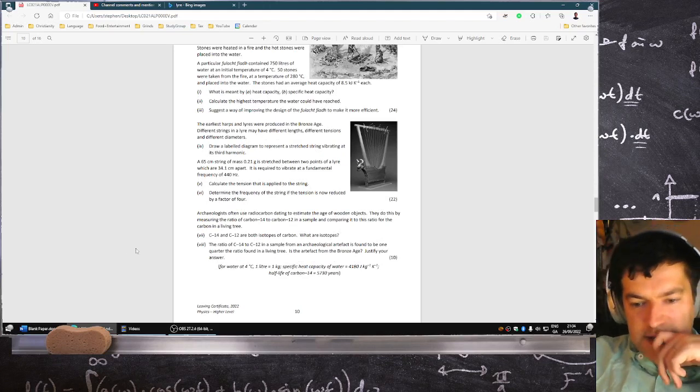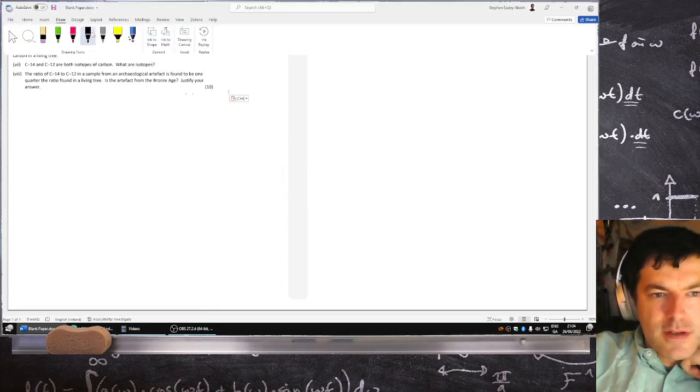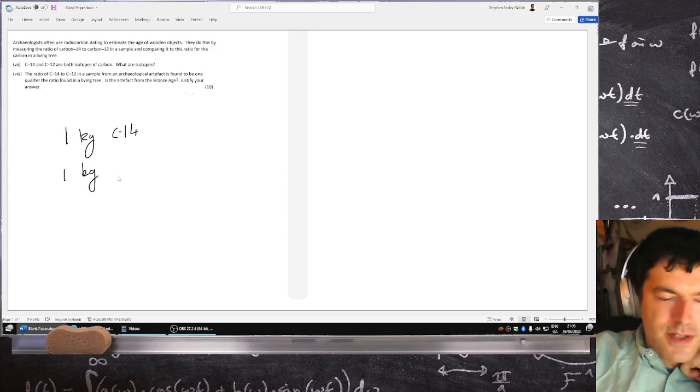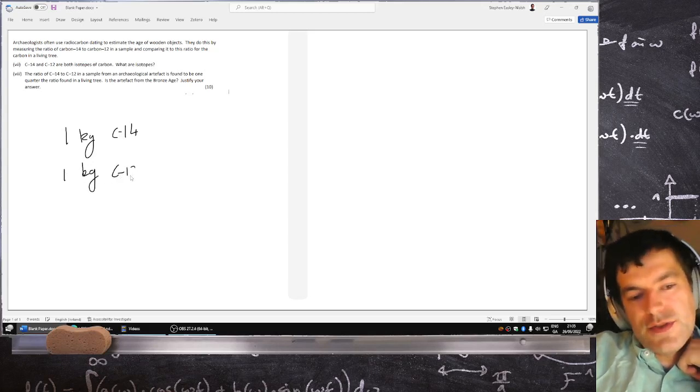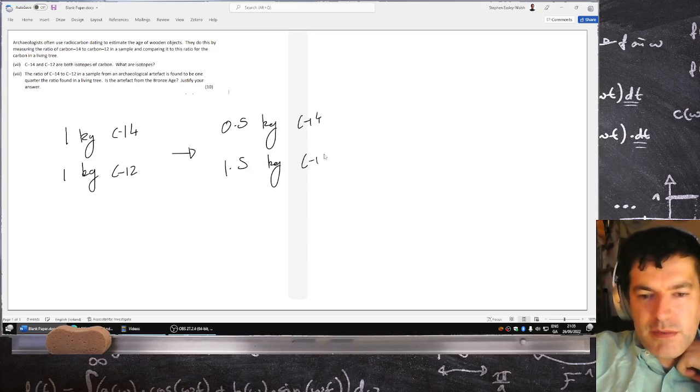I think it's before it, but I just want to make sure I'm not messing up anything with the ratio stuff. So let's just keep it simple. Let's say we have 1 kilogram of carbon 14, and I know this isn't real numbers. Just pretend it's at the beginning. A living tree starts off with equal amounts. Then after one half-life, carbon 14 decays, so you'll have 0.5 kilograms of carbon 14 and then 1.5 kilograms of carbon 12.